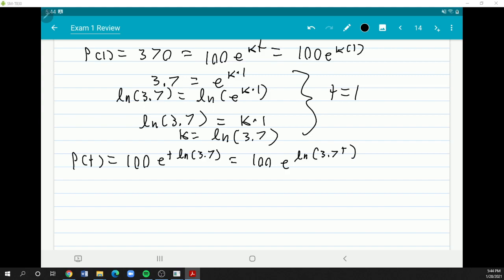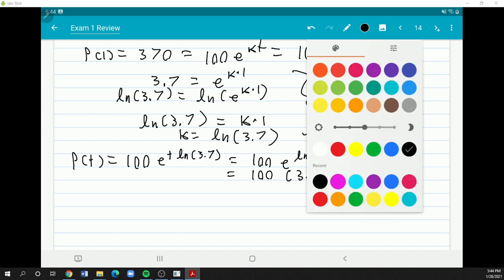And now the e and the natural log cancel. Or you could also note this is just the definition of 100 times 3.7 to the t. So that makes this a little bit easier to plug into. Okay, so we found the value of k here, so this was actually the end of A.